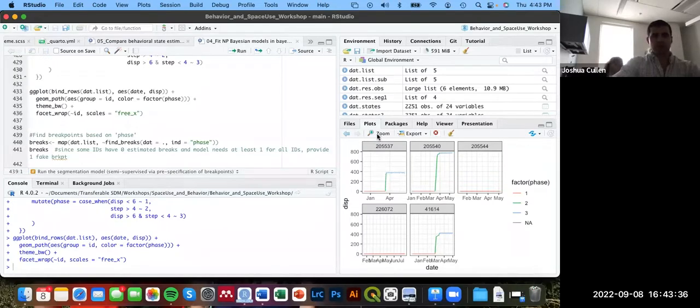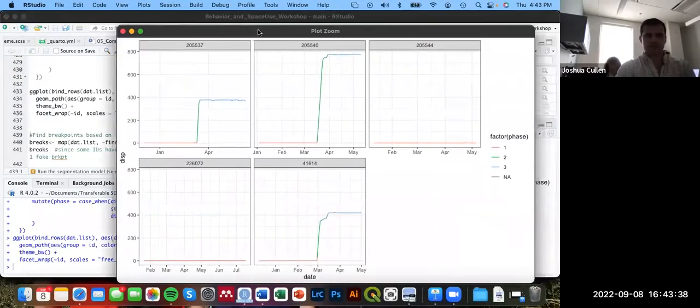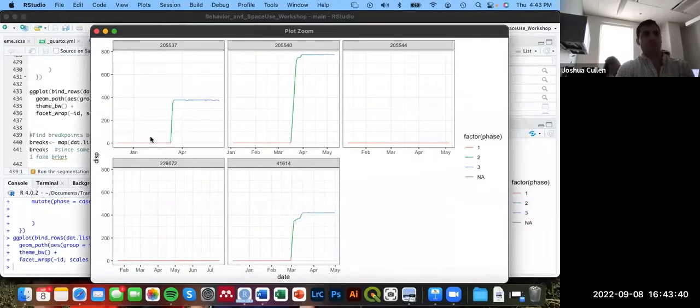But what we come up with is this plot. So this is essentially identifying beforehand, before we even run the model, a potential resident phase, a migratory phase, and a foraging ground phase, using just metrics. This is helping me identify potentially where breakpoints may occur in breaking these time series up.